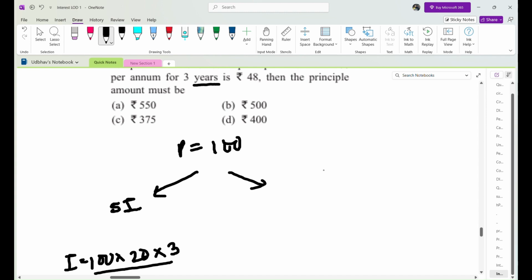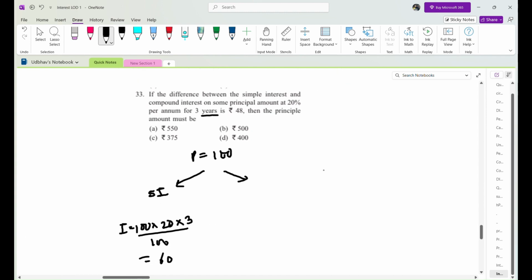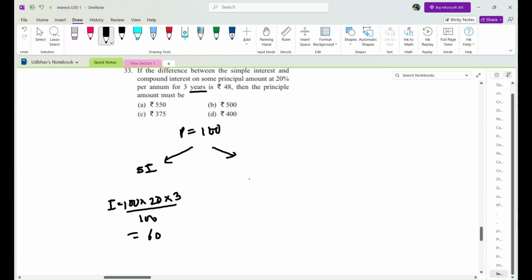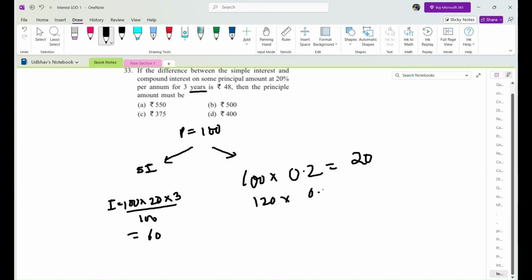Now for the compound interest, you have to compound it. For the first year, 100 into 0.2, 20 rupees. 120 into 0.2, 24 rupees. 144 into 0.2, 28.8, right?